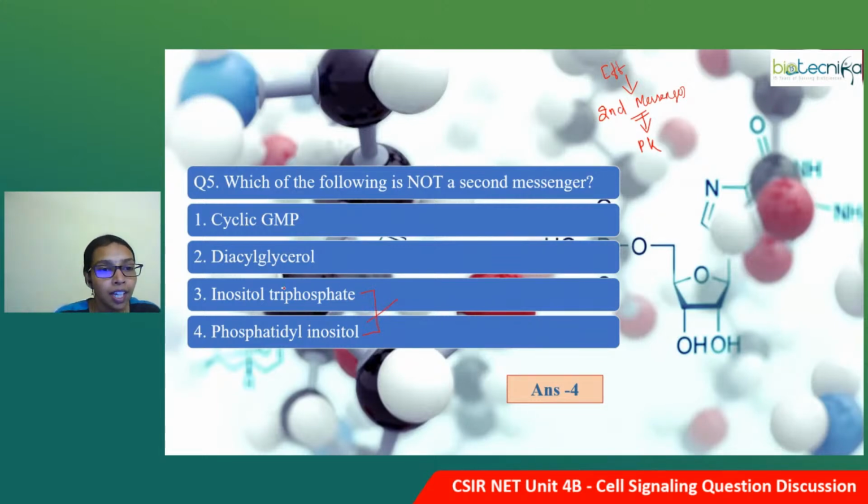Now, can anyone tell me, cyclic GMP acts as a second messenger in which signal transduction pathway? Let me see how many of you can answer this question.